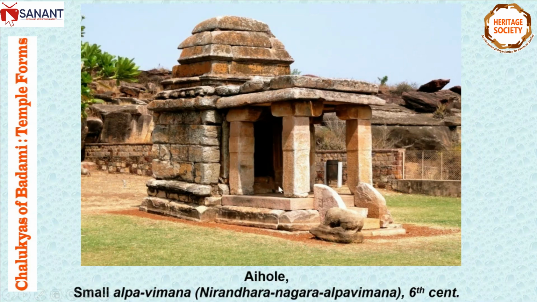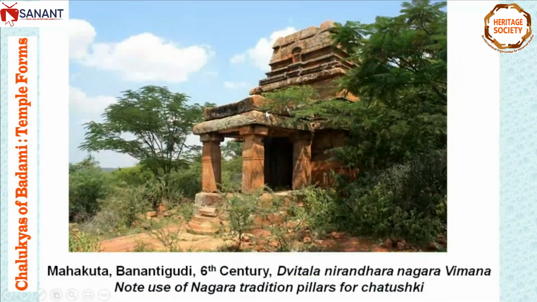So that makes this Alpa Vimana a Shadvarga temple, a very simple one, assigned to the 6th century. And the square pillars are called Rajaka pillars, very characteristic of the temples of the Chalukyas, particularly those built in southern India. So this one is Banantigudi.